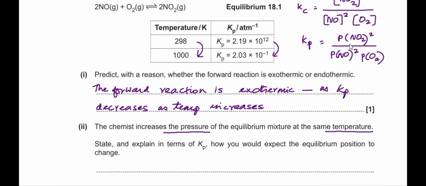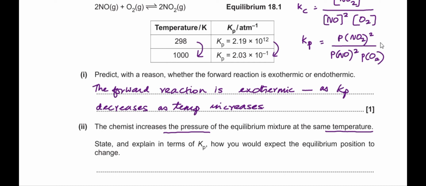The partial pressure is calculated based on the mole fractions times the total pressure, and you can see that the denominator, which represents the number of moles of the reactants, is more than the numerator. Therefore, when you calculate the partial pressure product of the reactants based on the total pressure, initially the Kp will decrease because the denominator will increase.